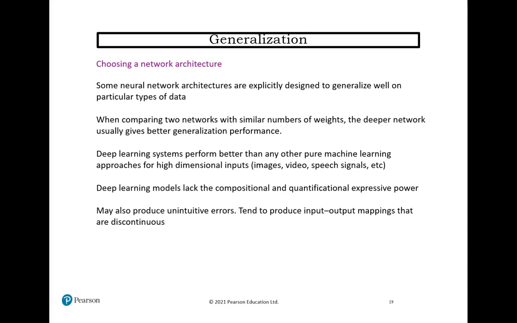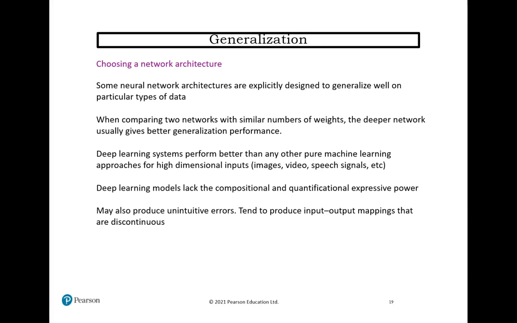Choosing a network architecture is key in reaching your goal of building a classifier or solving a regression problem. Some neural network architectures are explicitly designed to generalize well on particular types of data, for example convolutional neural networks, which are designed for computer vision problems, image classification, and things like that.